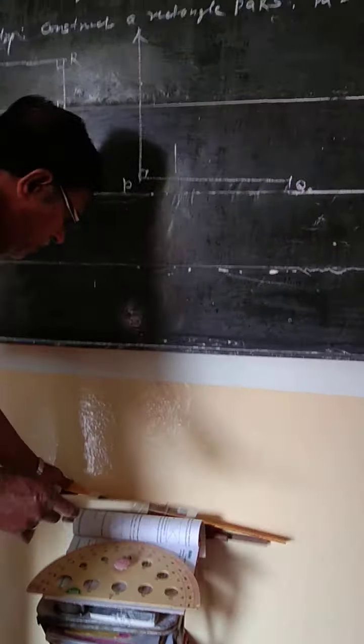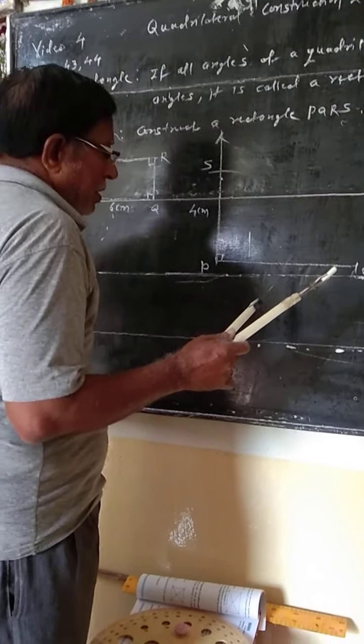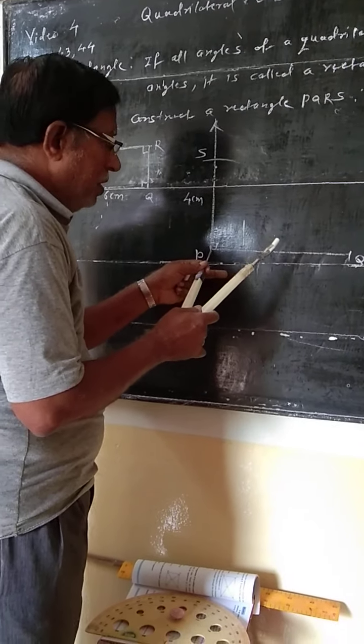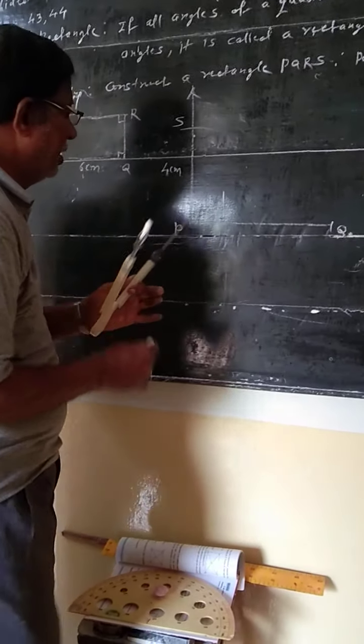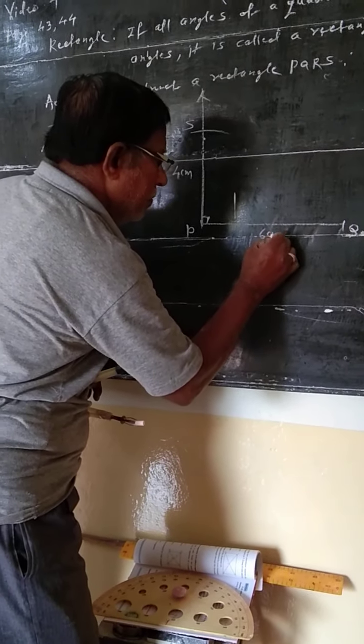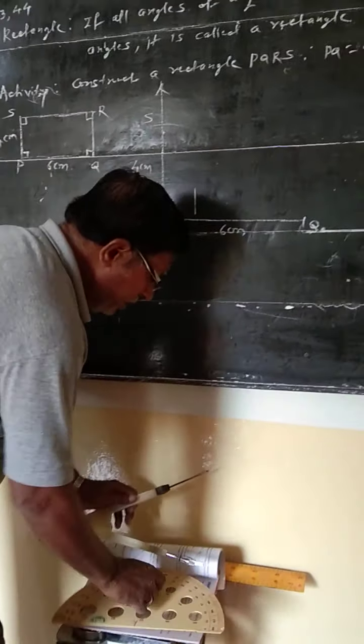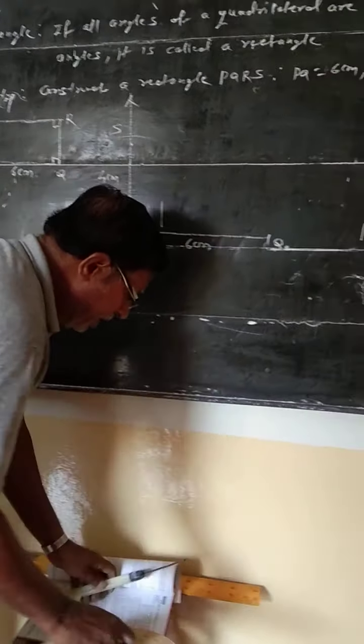Now a rectangle is a parallelogram, and the properties of a parallelogram are that opposite sides are congruent and opposite angles are congruent. If PQ is 6 cm, the opposite side is also 6 cm. Similarly, you can take this angle also 90.